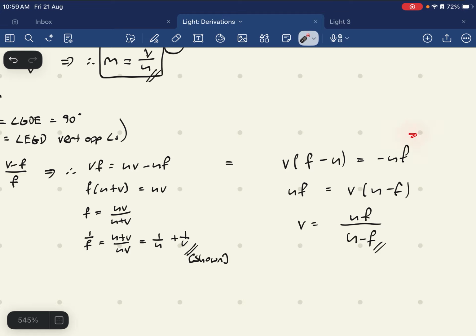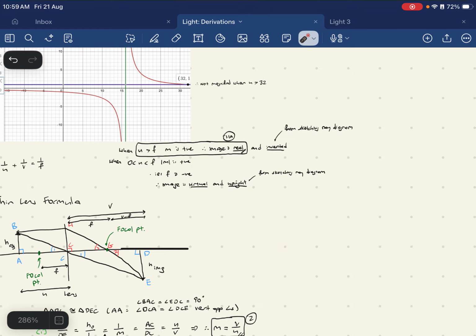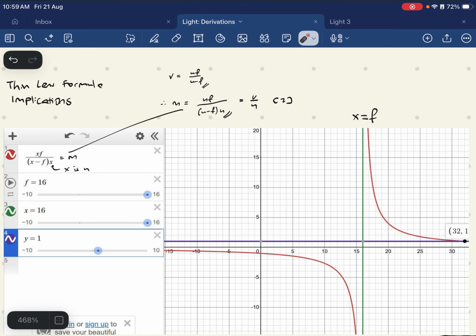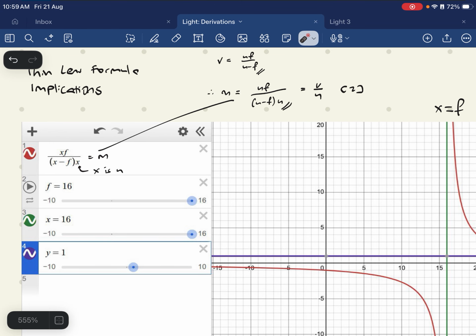Then you swap this part to the left and this part to the right, so it becomes U minus F instead of F minus U. Solving for V, you get UF over U minus F.